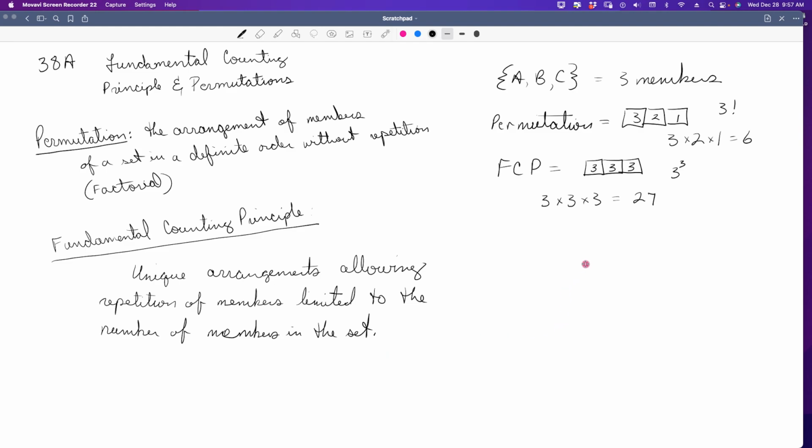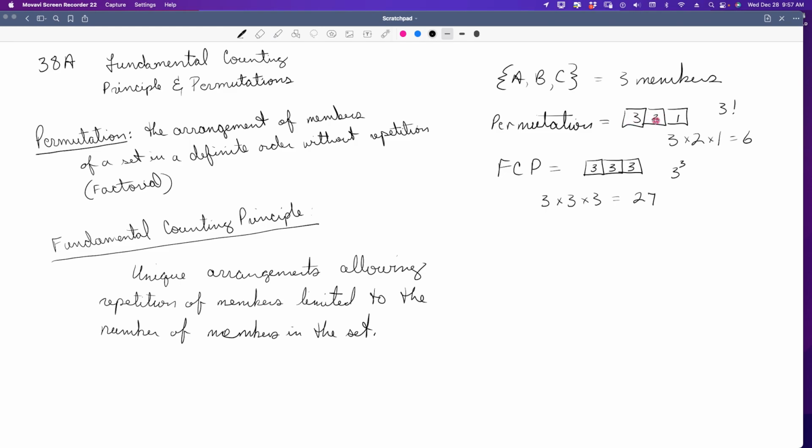So for permutations, we have 3 members in the set. We could use any one of the 3 members in the first position. In the second position, we're limited to one of the 2 remaining members, and the third position has to be whatever's left, because there's only 3 positions and there's 3 members, and we're not going to allow repetition of the first one that we chose.